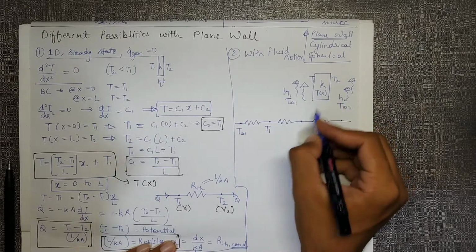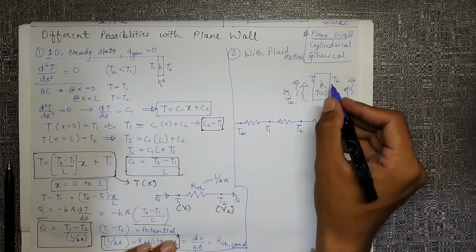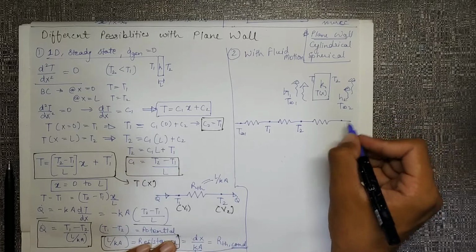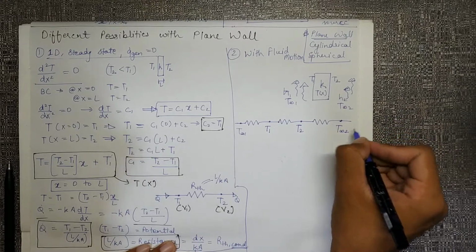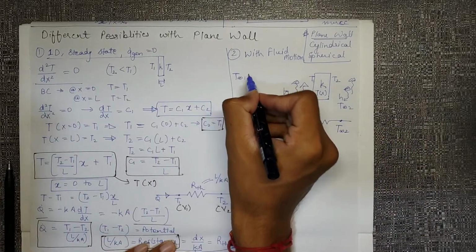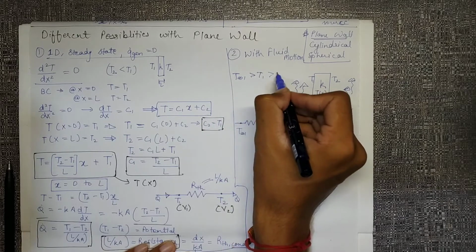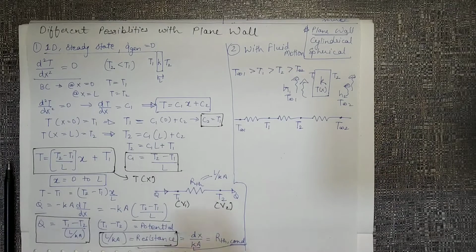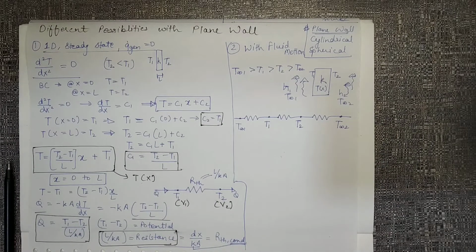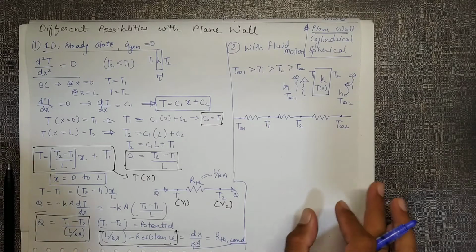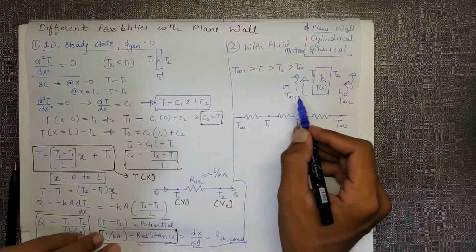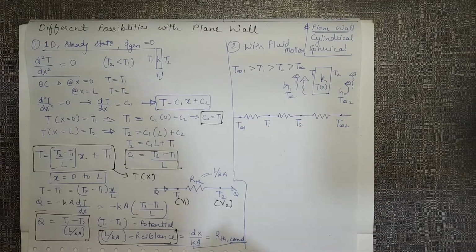Then there is some conduction happening and we reach this surface at temperature T2, and again there is some heat transfer to the fluid at temperature T infinity 2. Assuming T infinity 1 is greater than T1, which is greater than T2, which is greater than T infinity 2. This is an assumption. The direction of heat transfer can be anything; we don't focus on that. But we'll see what the equivalent resistance is.